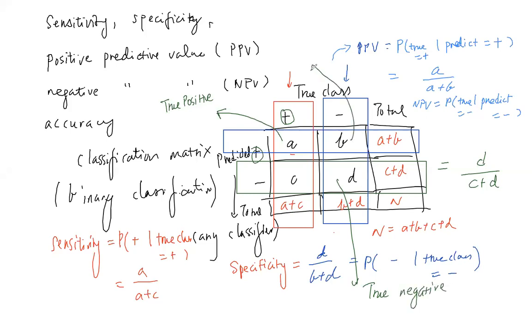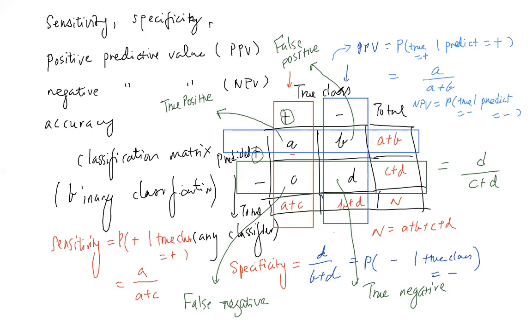Okay, and this one is a false positive, right? Because the true class is negative, but you predict as positive, so it's false. So this one is a false negative. False negative meaning that the true class is plus, but you predict as minus, right? You say that there's nothing, so it's a false negative.